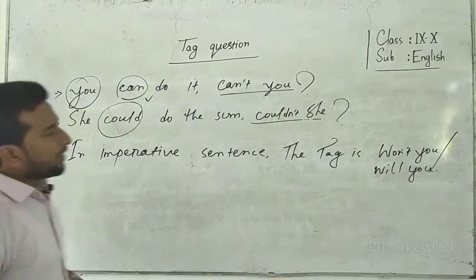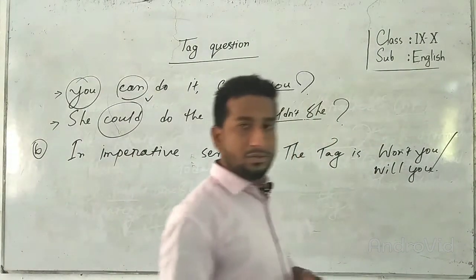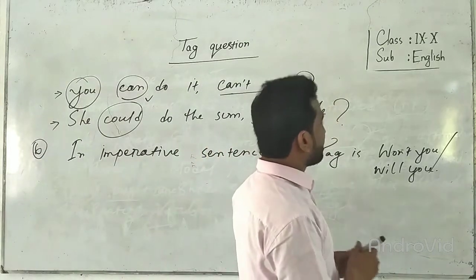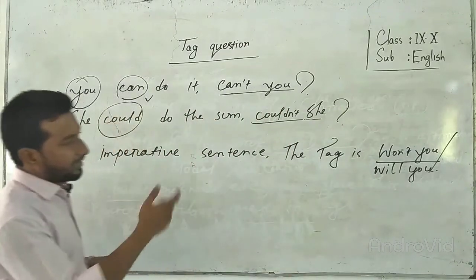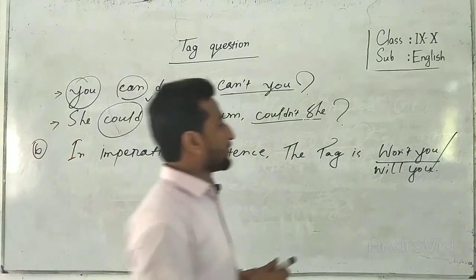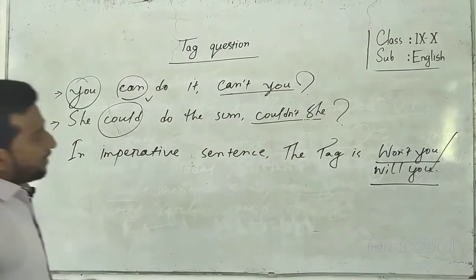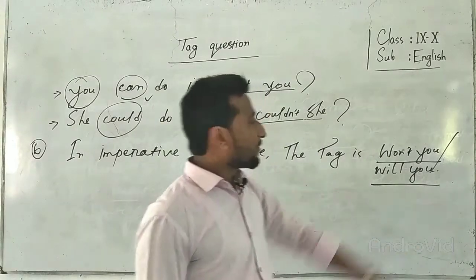Here we have to keep in mind that if we invite someone to do something, the tag is won't you. Again, whenever we tell someone to do something, the tag is will you. In an imperative sentence, we can always use will you as question tag.